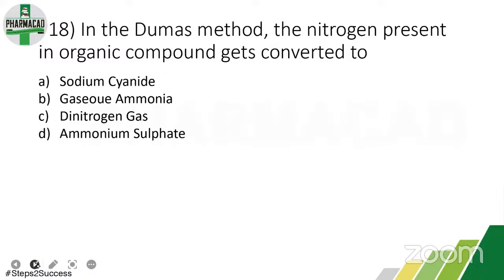Next is, in the Dumas method, the nitrogen present in organic compound gets converted to. Now, what is the Dumas method? The Dumas method is a quantitative method for the determination of nitrogen. Whether the nitrogen is present or not in our compound, we can check with the Dumas method. How?